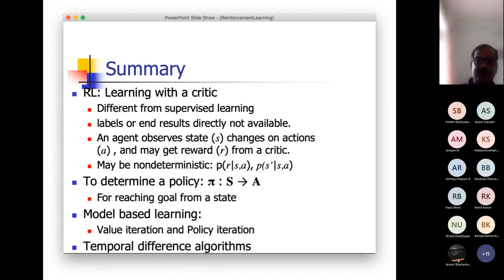And then the other approach is temporal difference algorithms, where you do not have the probabilistic model of rewards and state transitions, but by observing and exploring, you maintain running averages of your prospective returns for every state action pair, and finally you use them to frame a policy.